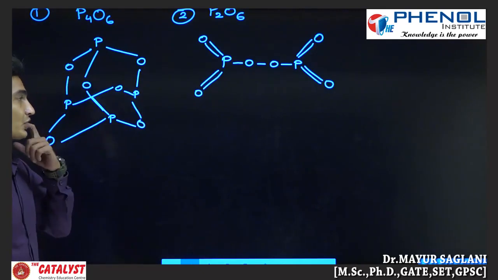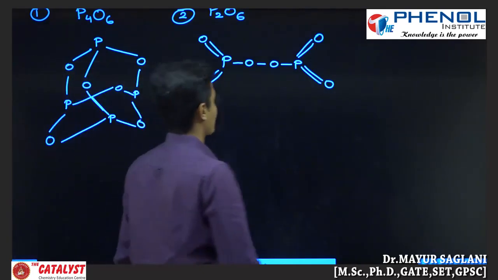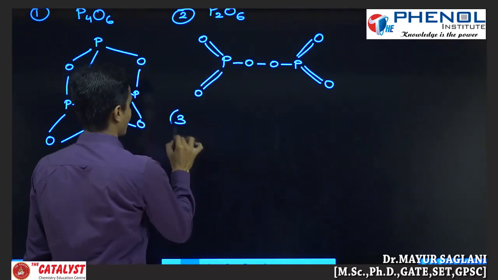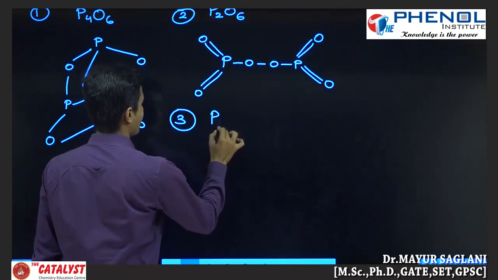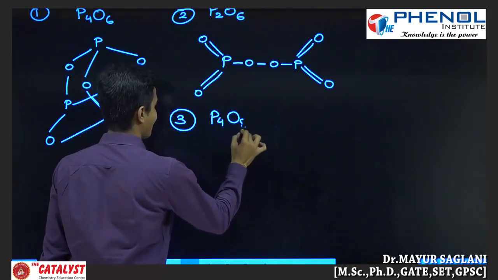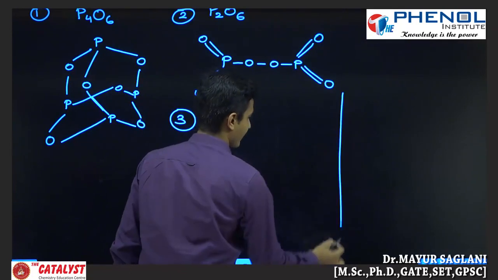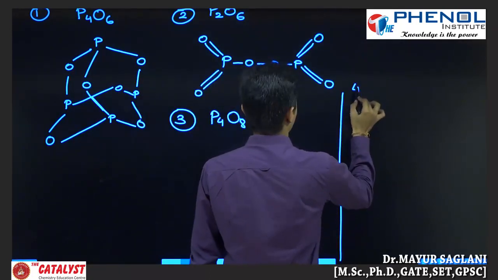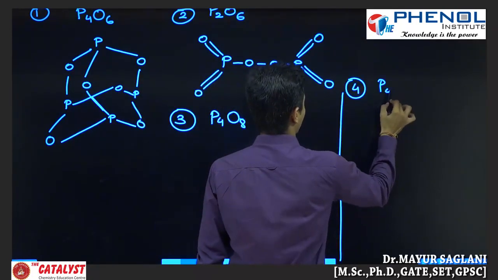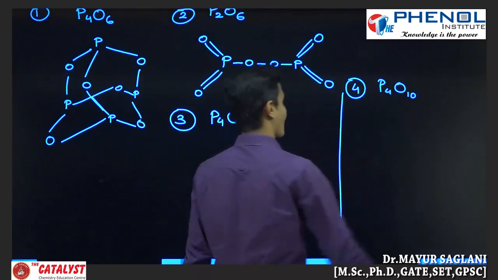So this one is the structure of P2O6. Third structure, if we draw it, this one is P4O8, and the last structure we will draw, the fourth one, is P4O10.